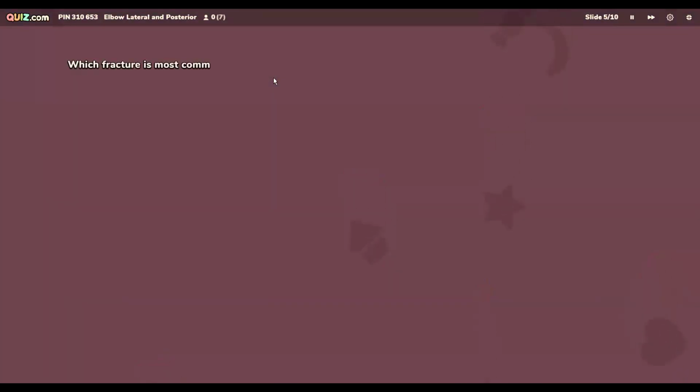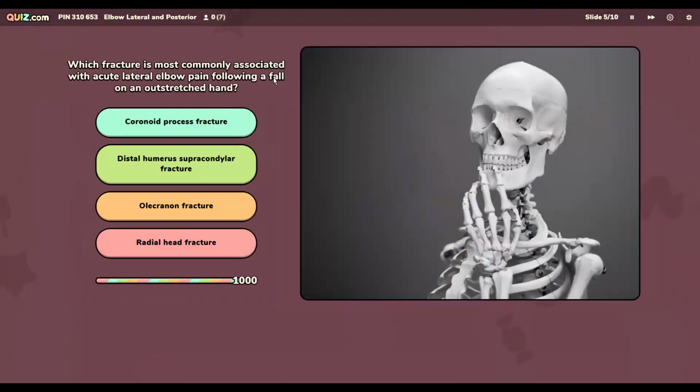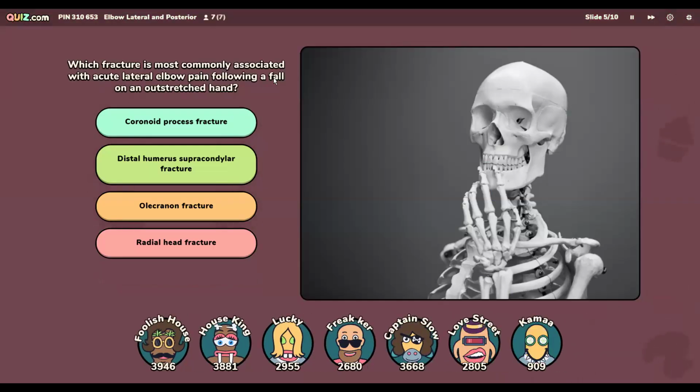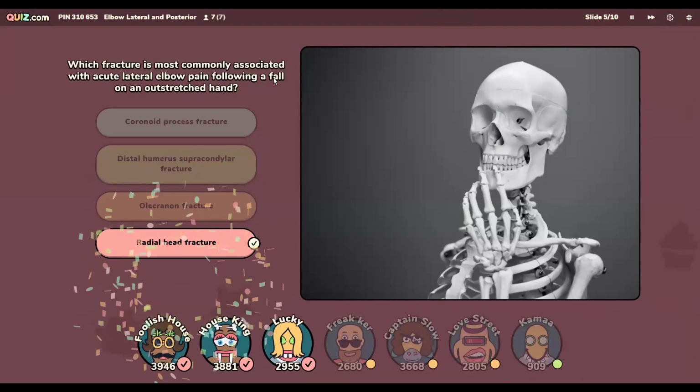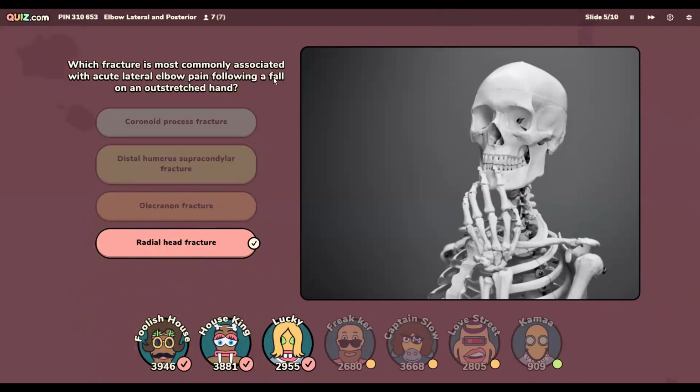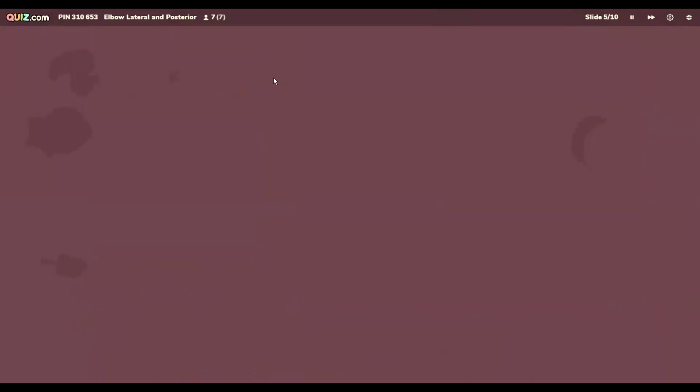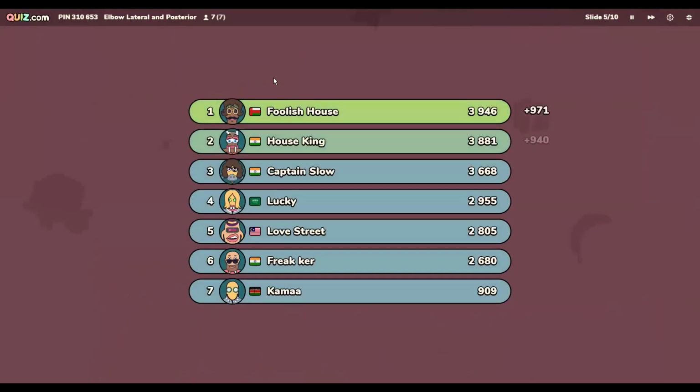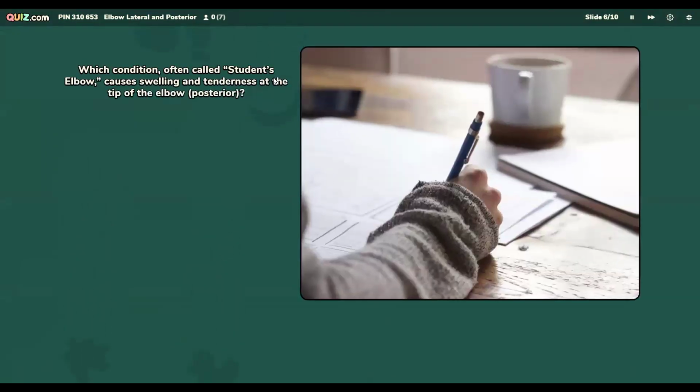Which fracture is most commonly associated with acute lateral elbow pain following a fall on an outstretched hand? Radial head fracture. Which condition, often called student's elbow, causes swelling and tenderness at the tip of the posterior elbow?